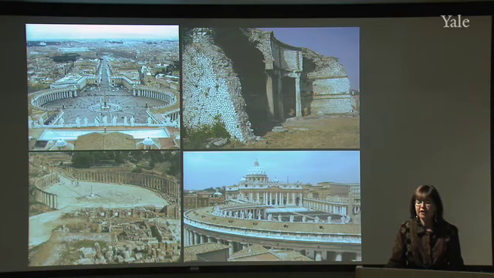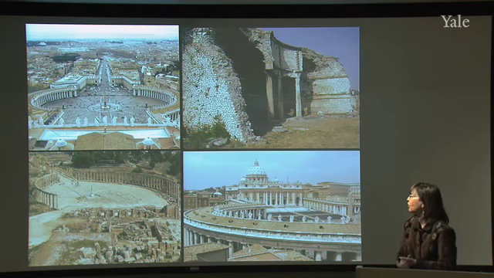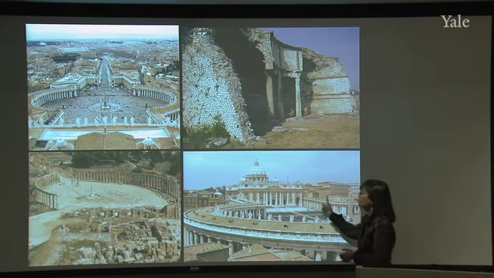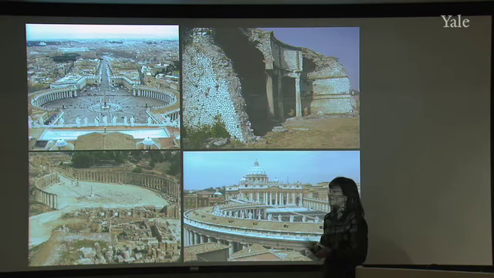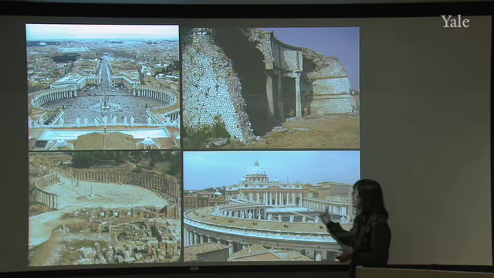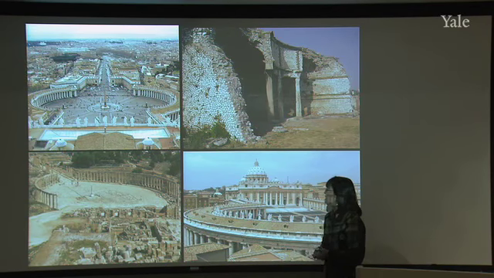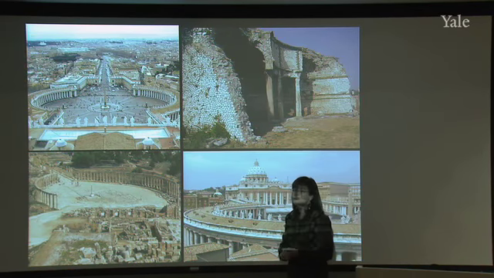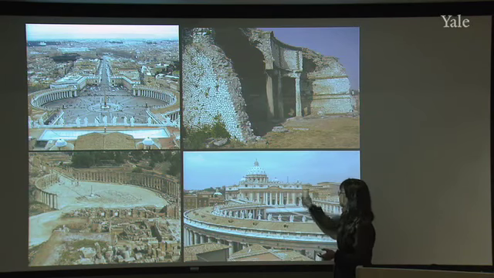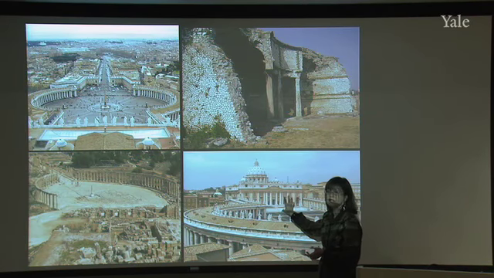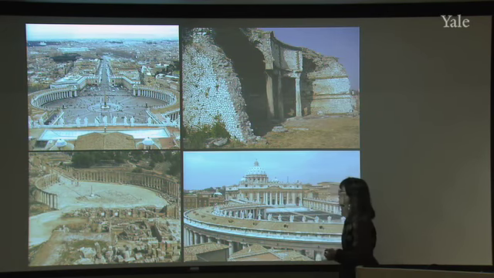And again, we think of that primarily when we think of Baroque. I'll show you a number of examples in the course of the lecture today, especially Borromini's work. But I wanted to focus right at the moment on St. Peter's, San Pietro. You see it here. The dome, as we've discussed before, was designed by Michelangelo, and the facade by Carlo Maderno, also a 17th century architect.